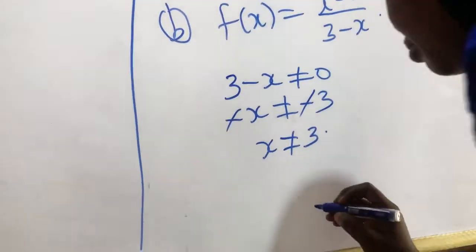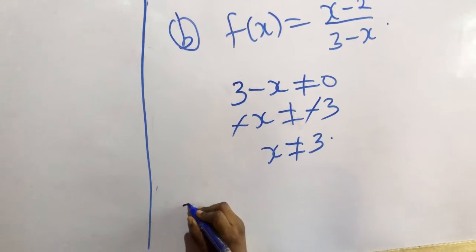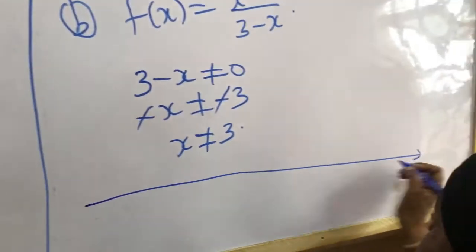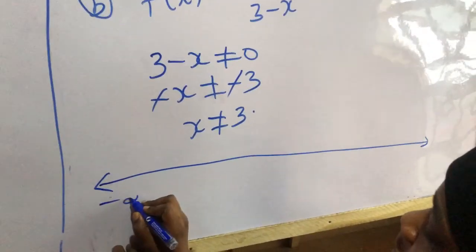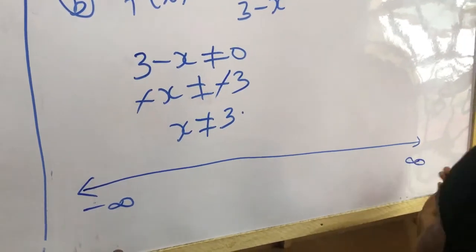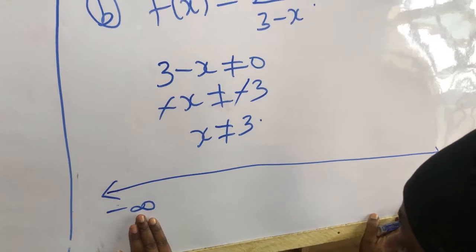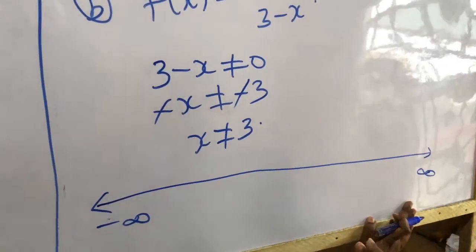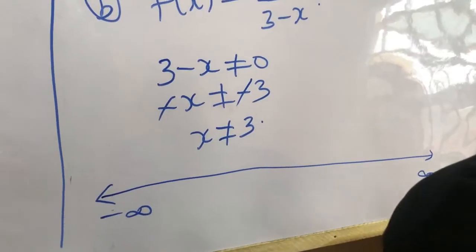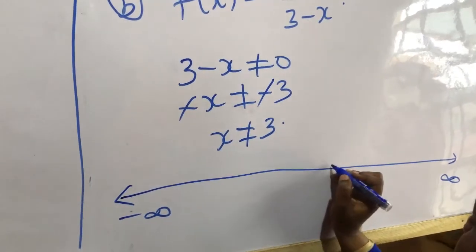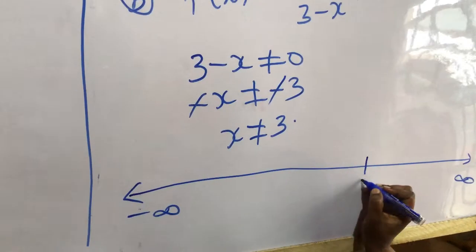So the domain, we can represent it on a number line like this. This is negative infinity, this is positive infinity. I told you that infinity is not a number, it's just a symbol to indicate that the numbers go on and on, it doesn't end. So let's indicate 3 here.